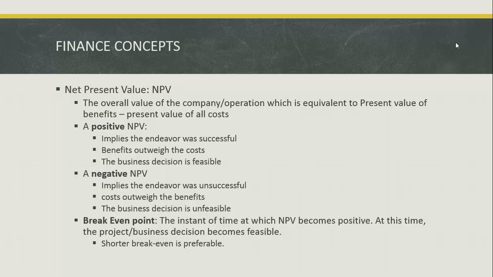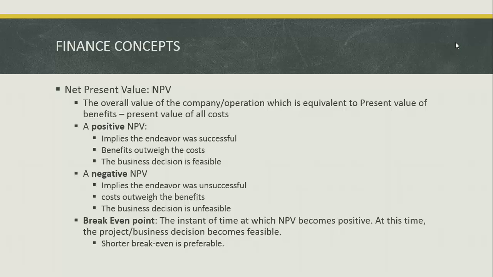A positive NPV implies that the project was successful, the benefits were more than the costs, and therefore the business decision is feasible. A negative NPV means that the project was unsuccessful, the costs were way more than the benefits, and the business decision is therefore unfeasible.